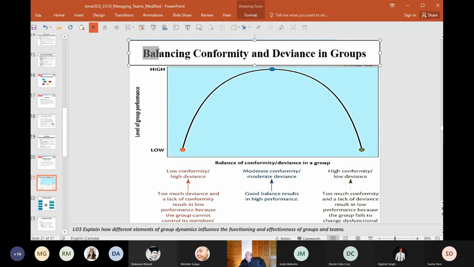So that's the balancing between conformity and deviance. So there is a theory saying that a group will work efficiently if the group conforms to some norms, but not too much, right? Too much conformity is not good, because some people must challenge the usual thinking, right?